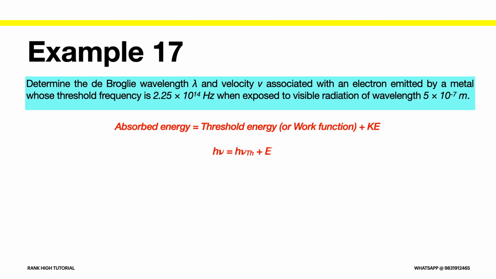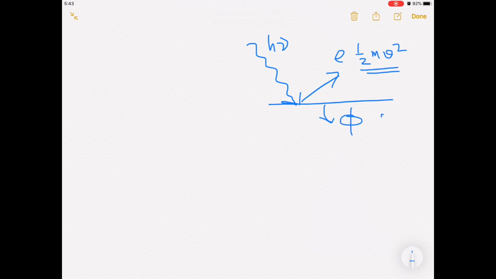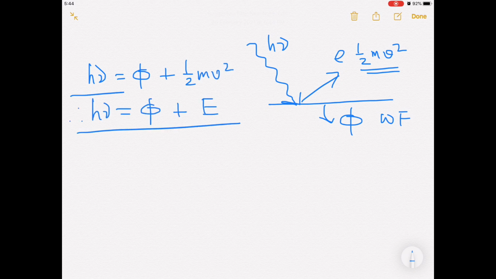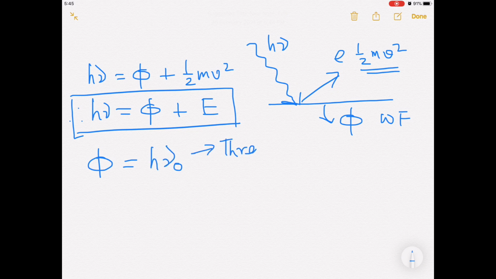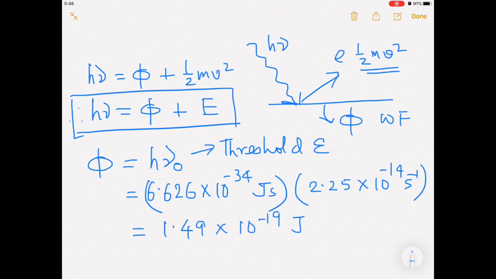Therefore, we can write h nu equals work function plus half mv square. We will denote the work function as phi. Therefore, phi equals h nu0. After putting the values of h and nu0, we get the work function equal to 1.49 into 10 to the power minus 19 joule.